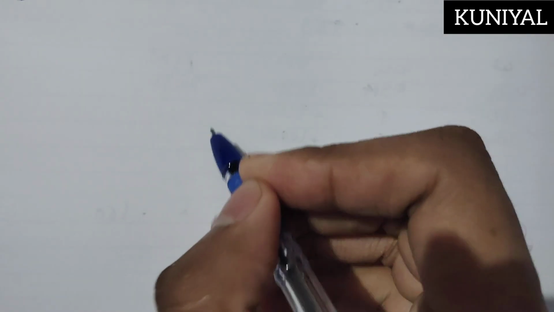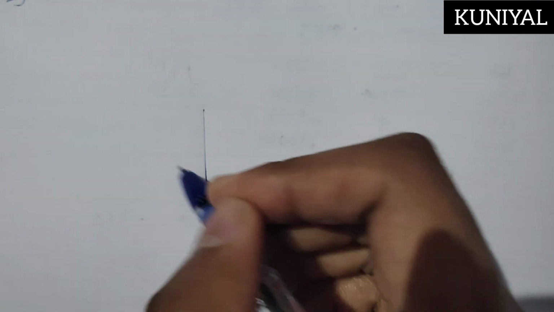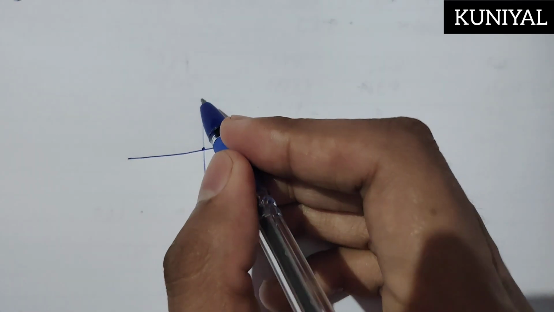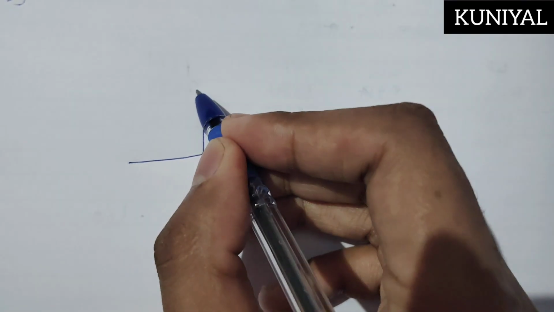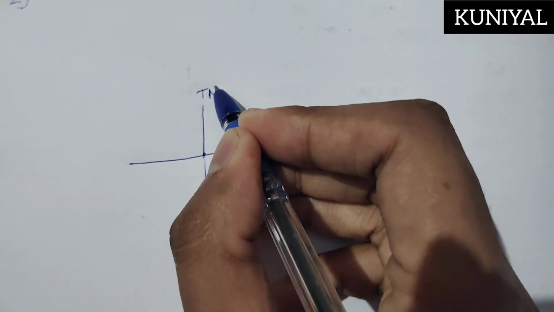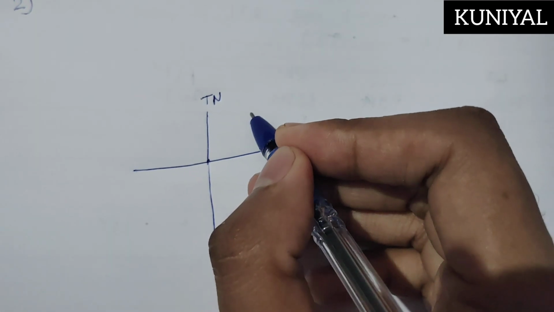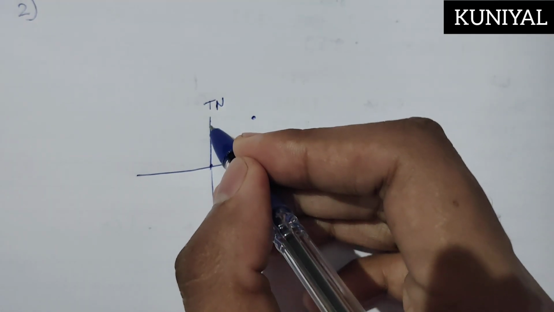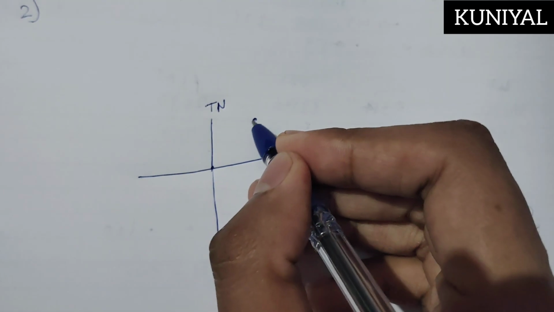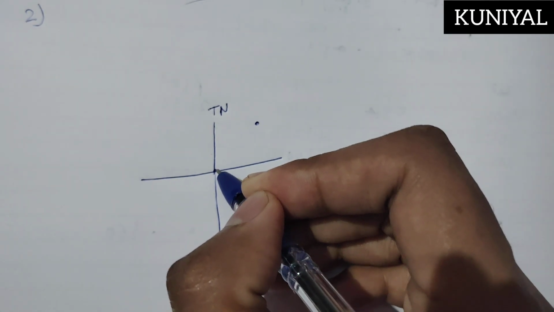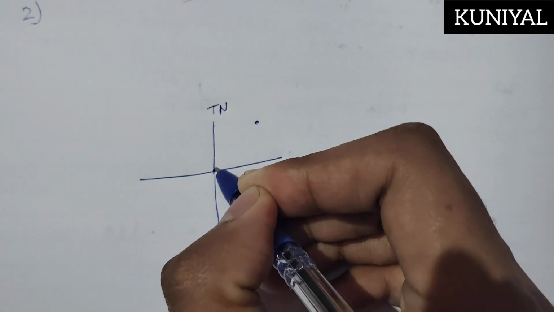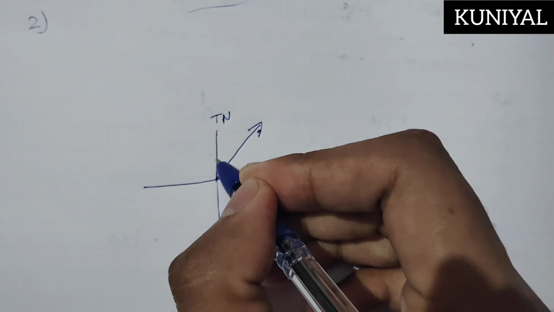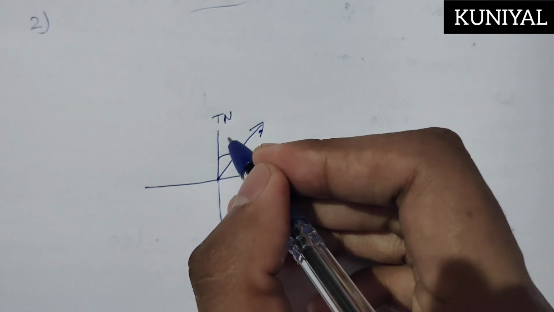So let's suppose here is our ship, and this is true north, and there is another object. The angle between true north and the object which we are seeing from our ship, when we make a line of sight, will be true bearing.